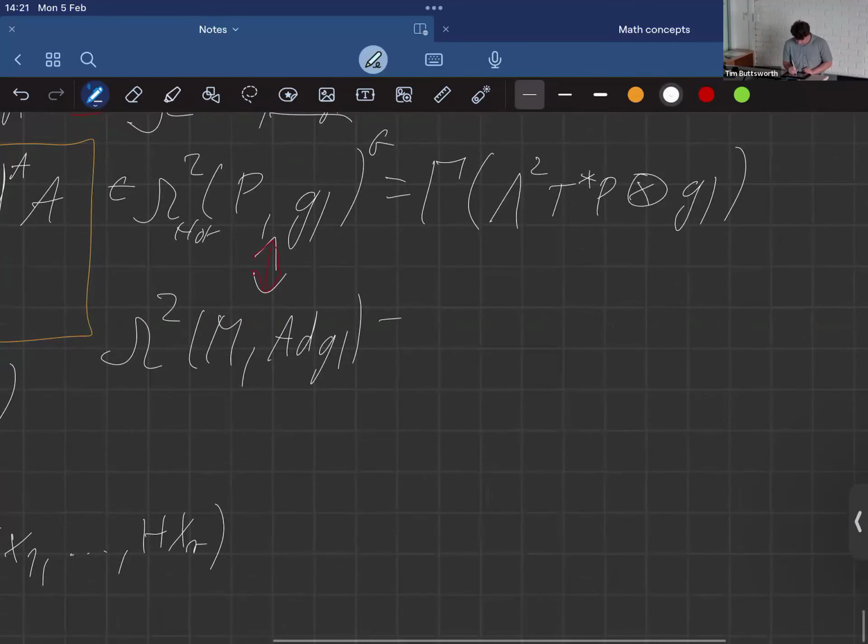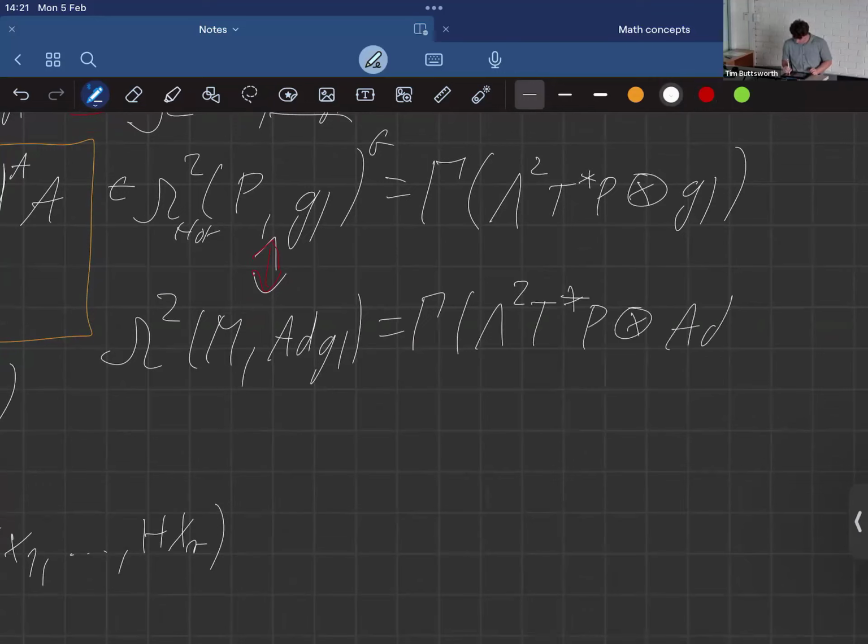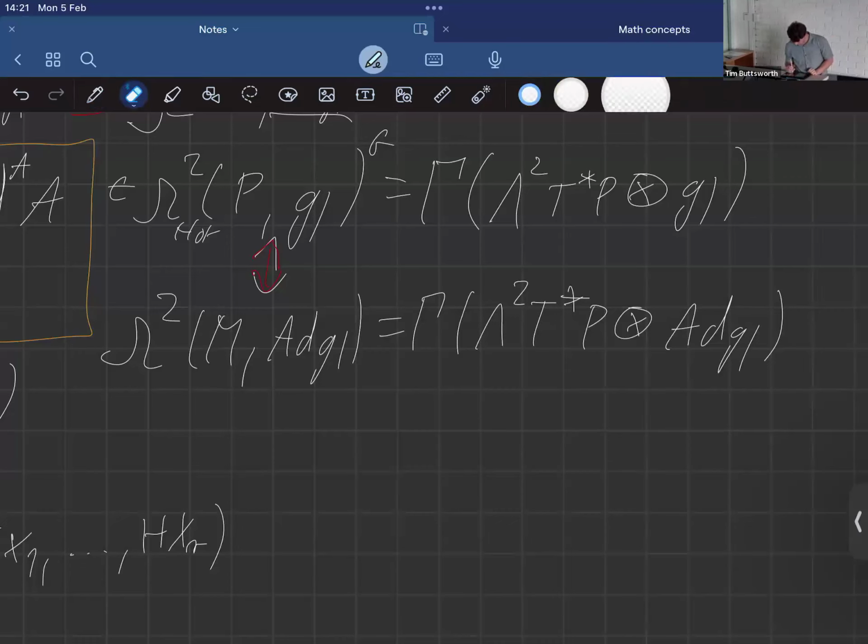Which in this language is a section of the second exterior power tensored with the adjoint bundle. Again, think of the algebra in the second slot. M rather than P. Ah, yes, sorry, thanks. Thank you.